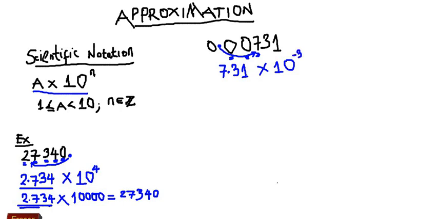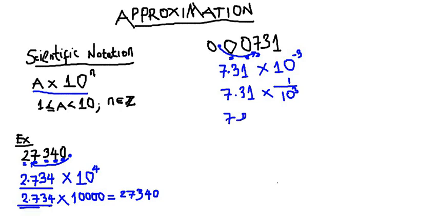In short, what we are doing is we are dividing 7.31 by 1000, which means when we say 7.31 times, according to index notation, 10 power -3 is 1/10 power 3.